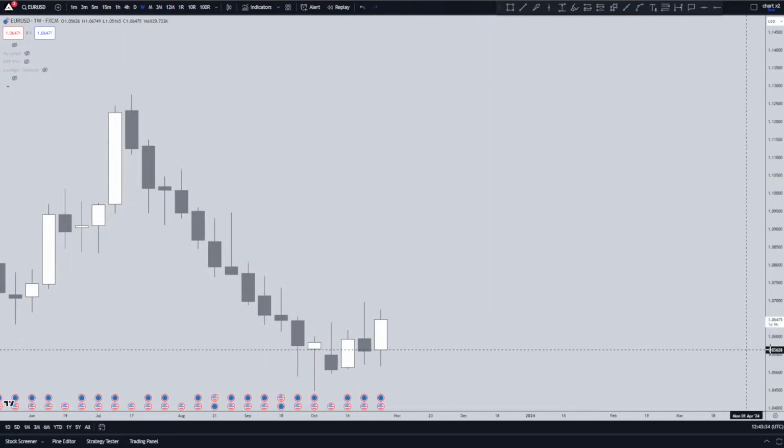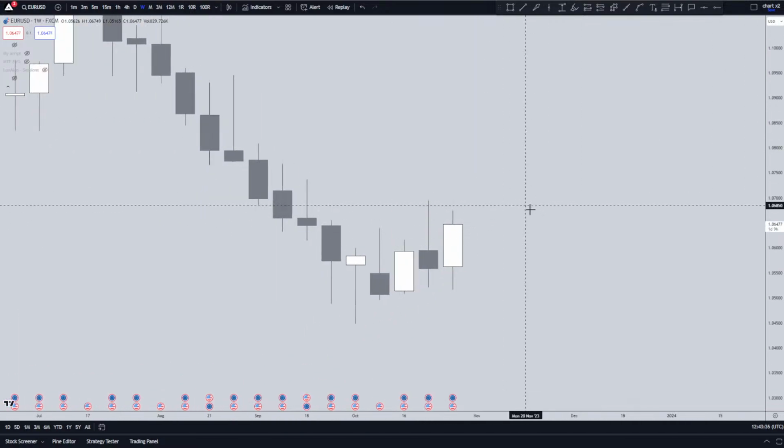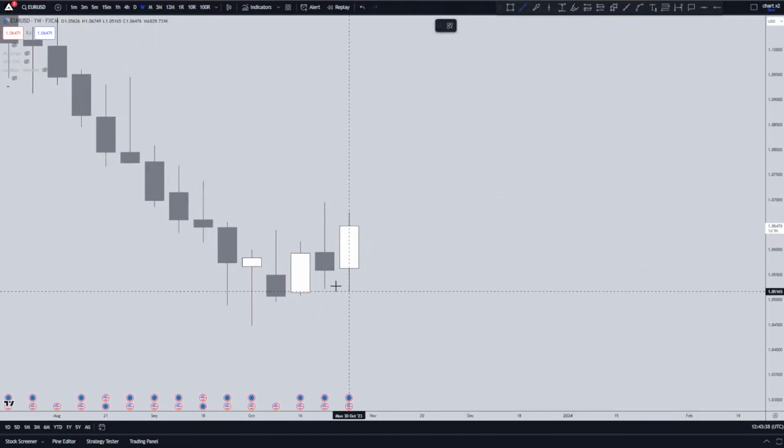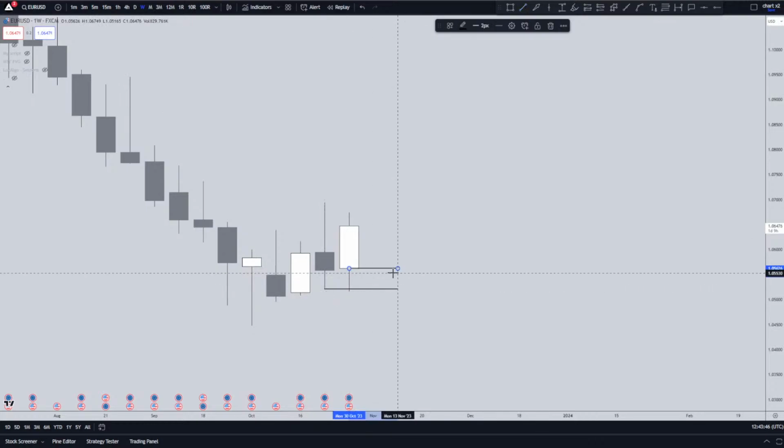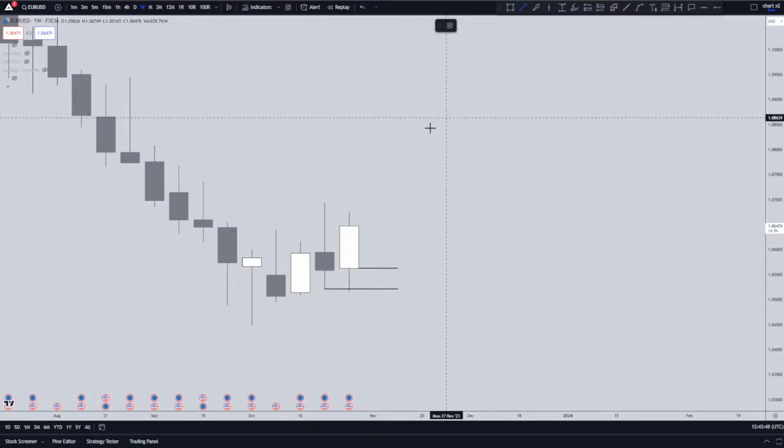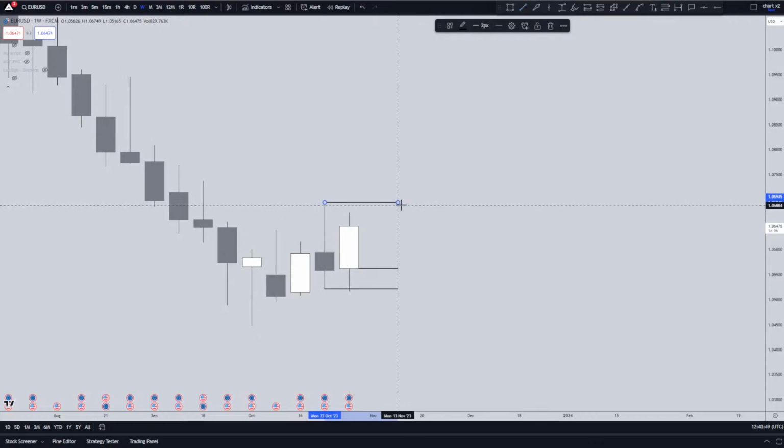Look, it's absolutely the same thing I just covered. What did the weekly do? The weekly took out the previous week's low, stage 1. The weekly open is holding, stage 2. What is it going after? Always liquidity. There is nothing else. The market goes only after liquidity. That's what fuels the market.